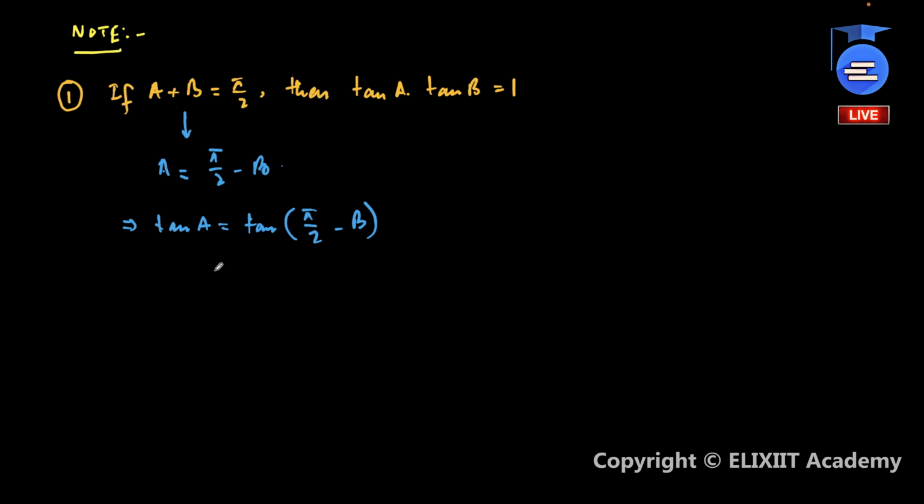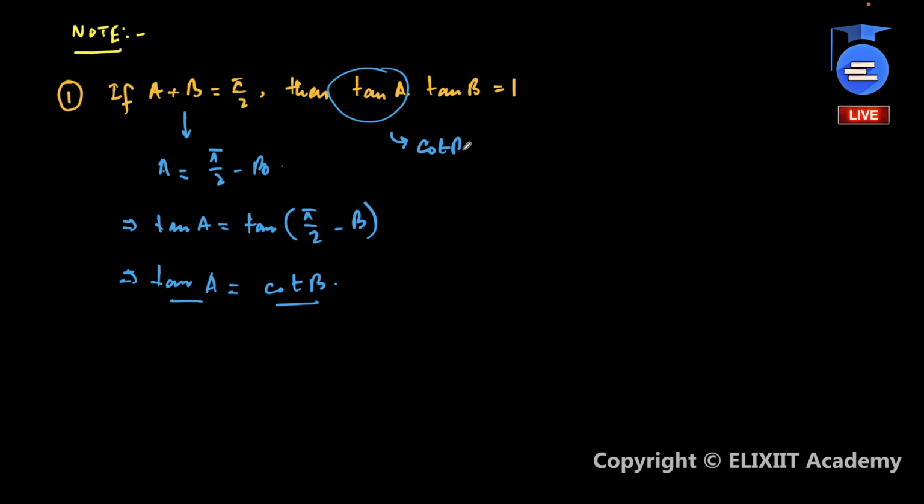Okay. What we get from here? Tan a is actually cot b, because tan of 90 minus theta is what? Cot theta. So this is cot b. So cot b is the same as 1 upon tan b, isn't it? Or basically you simply write tan a as cot b. Replace tan a by cot b.